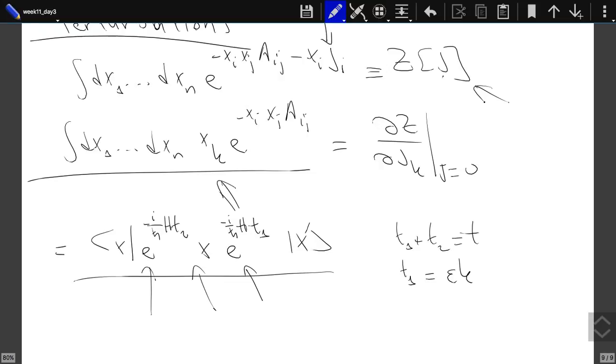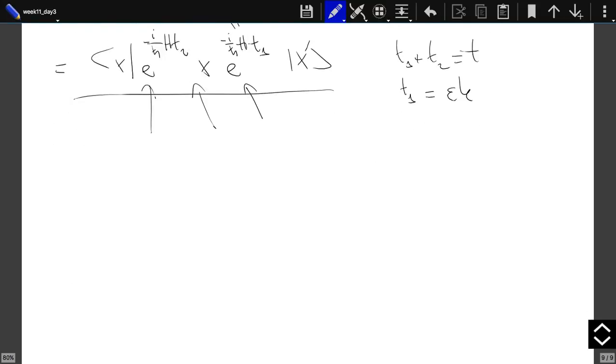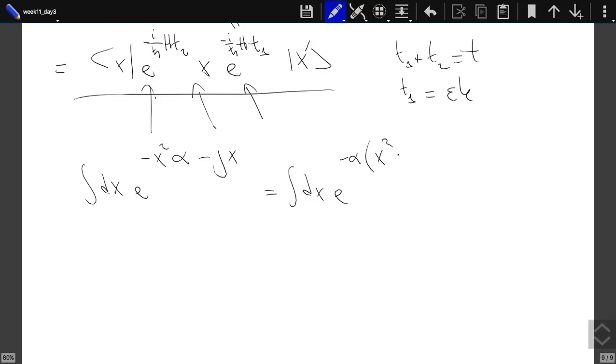You see, if there were no matrices, it was just a one-dimensional integral. What do we do in the one-dimensional integral? Minus x squared alpha minus jx. We just write this as dx e to the power minus alpha times x squared plus j over alpha x plus j squared over 4 alpha squared minus j squared over 4 alpha squared.